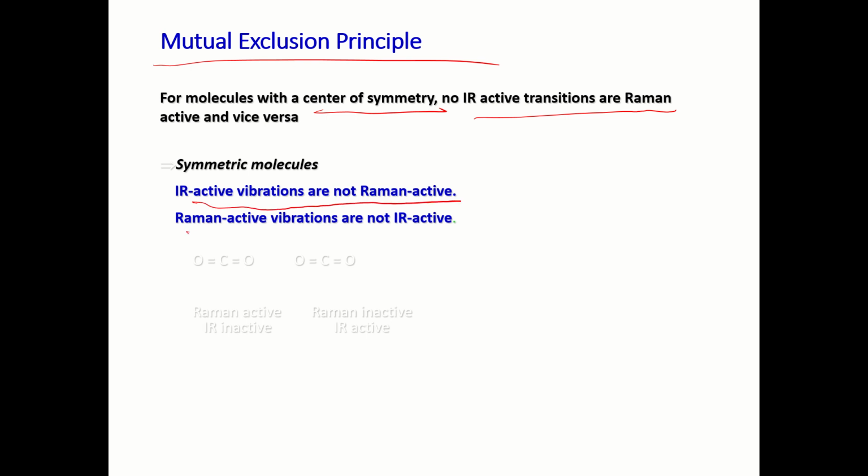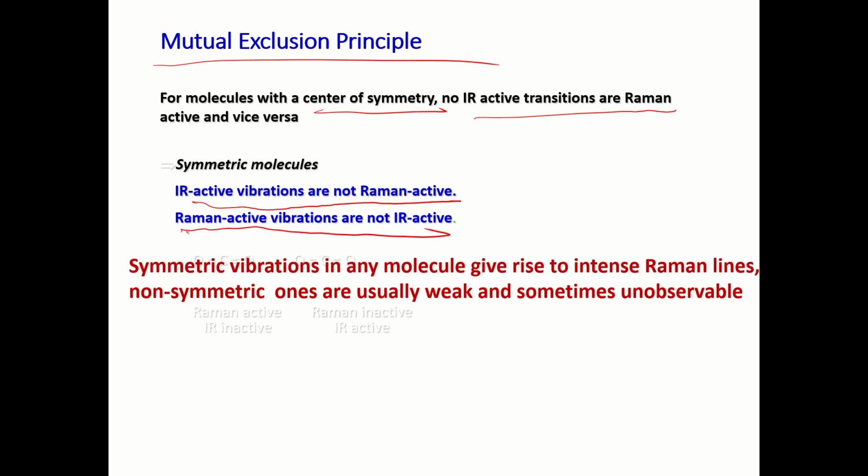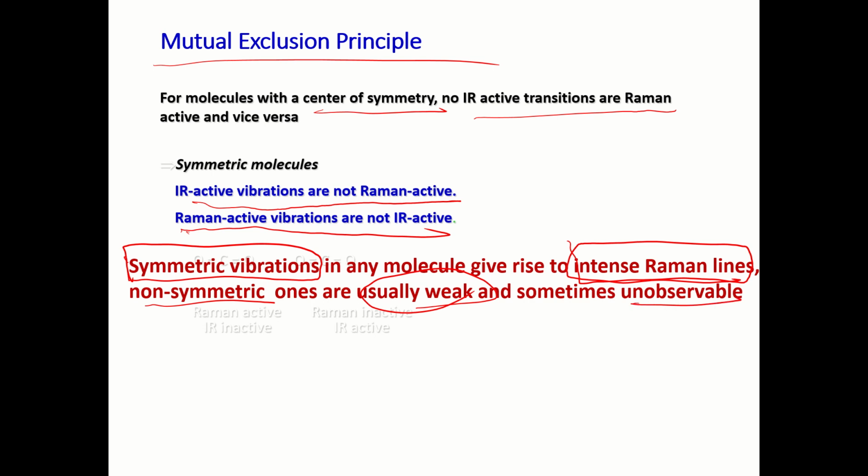So you can state it in either way. किसी भी तरह से आप उसको लिख सकते हैं, Raman active vibration और not IR active, अगर center of symmetry है तो. और एक चीज इंपॉर्टेंट है, all symmetric vibrations very very intense, बहुत ही हाई इंटेंसिटी वाली रमन सिग्नल आएगी. Non-symmetric ones are usually weak and unobservable sometimes, बिकॉज इतना स्मॉल चेंज होगा कि कई बार डिटेक्टर नहीं पकड़ पाता है. So will discuss the next part.